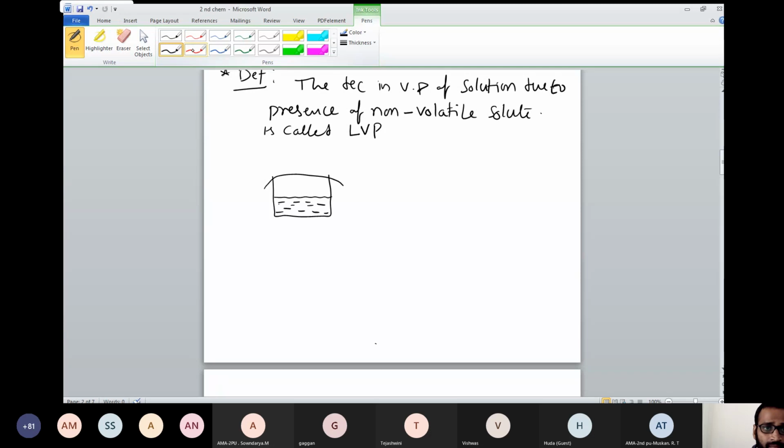The red color shows vapors of the solvent; this is the solvent, suppose. These vapors exert some pressure on the surface of the liquid.